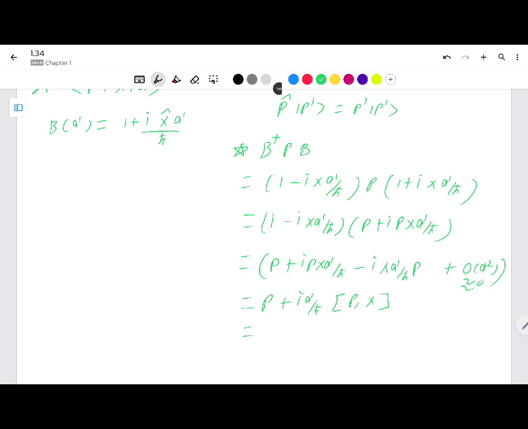Okay, so this will give us p plus i prime h bar, p plus a prime.